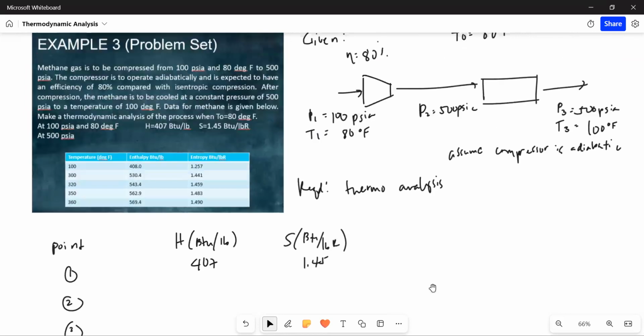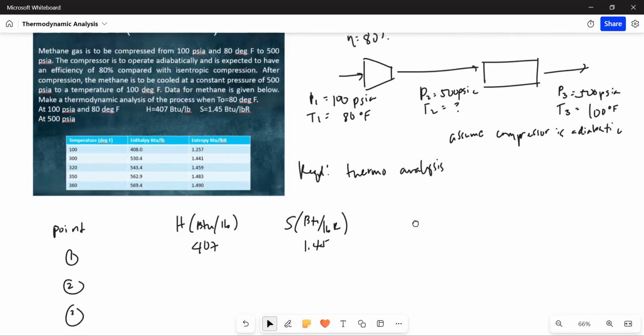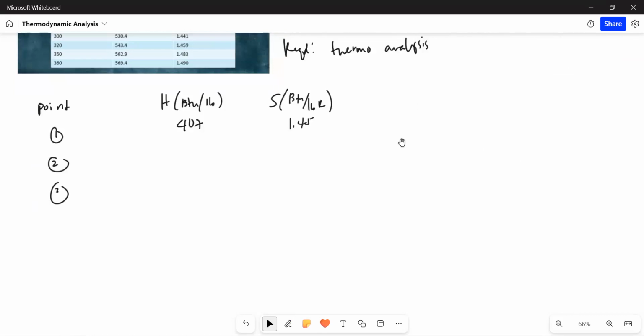H2, we don't know. But we know 500 psi. These are the values for enthalpy and entropy, but we don't know T2. We can assume first isentropic expansion.